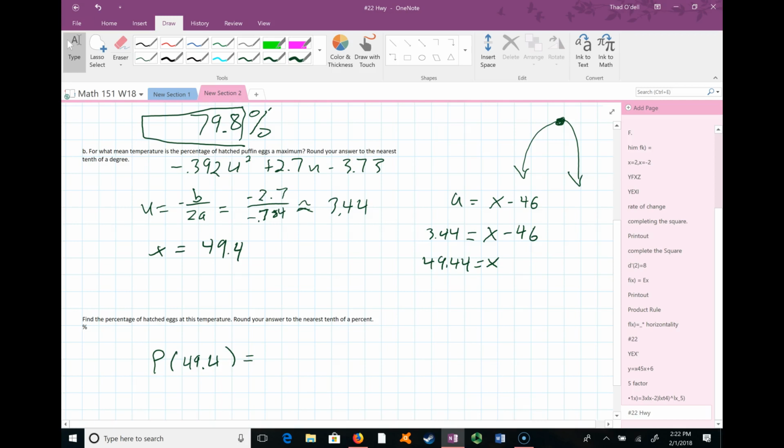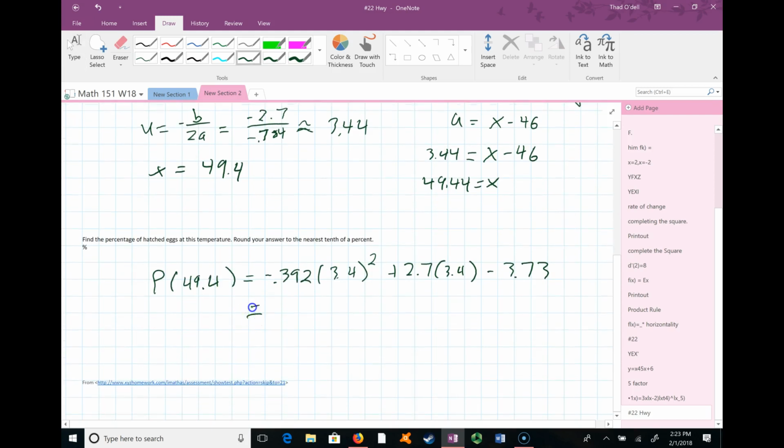When I plug in 49.4, what I'm really plugging in is 3.4, because we have x minus 46. So I will have negative 0.392 times 3.4 squared plus 2.7 times 3.4 minus 3.73.